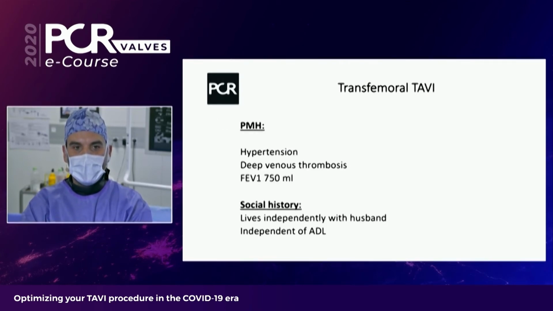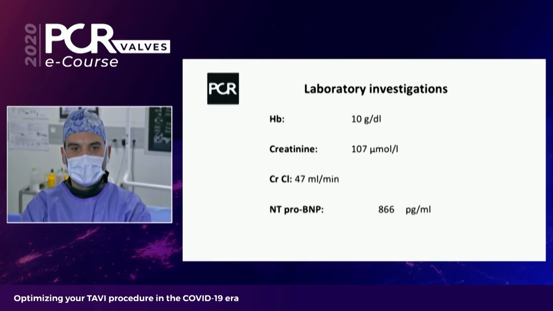In her past medical history, we see hypertension, deep venous thrombosis years ago, and a severe respiratory condition with FEV1 at 0.75 liter. She lives independently at home with her husband, so a good quality of life that should be preserved in our opinion.